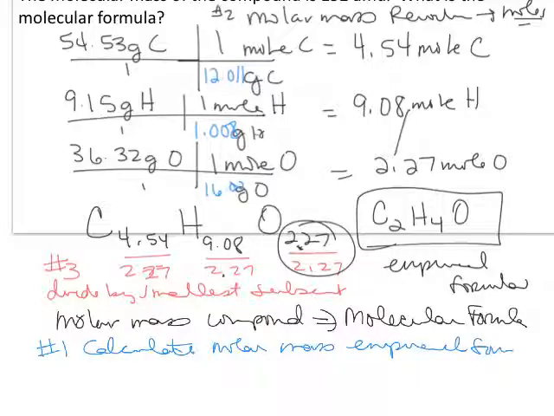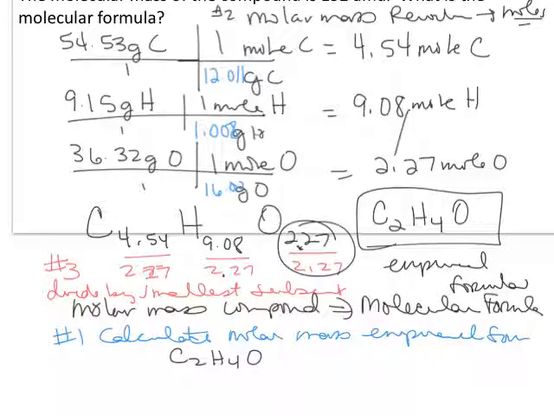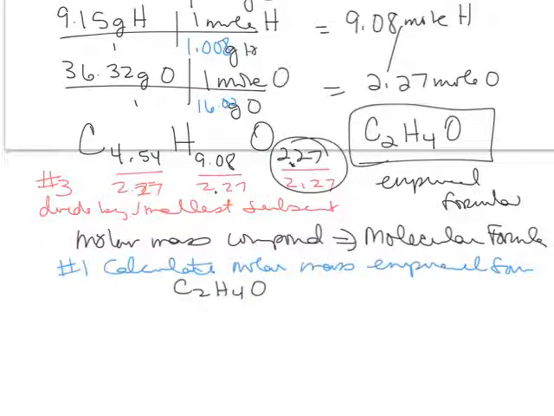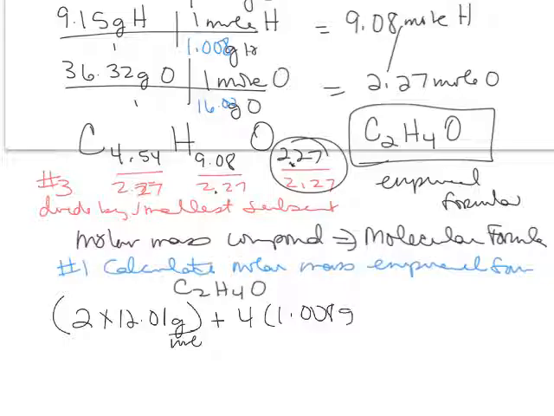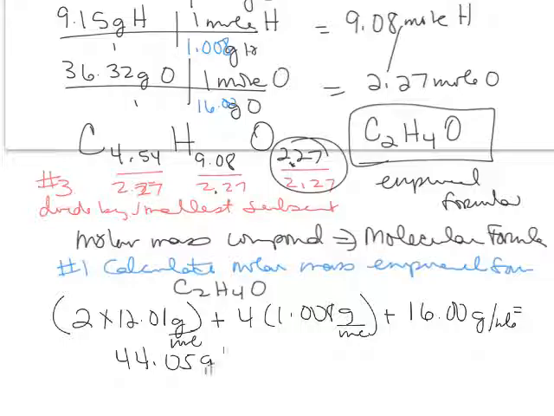We just worked out the empirical formula, C2H4O. So when you do this with the periodic table, you've got 2 carbons times 12.01 grams per mole plus 4 hydrogens times 1.008 grams per mole plus 1 oxygen, 16.0 grams per mole. Your empirical formula mass ends up being 44.05 grams per mole.